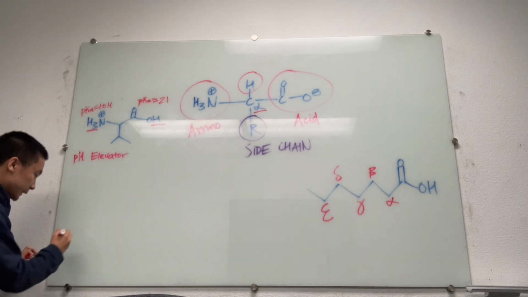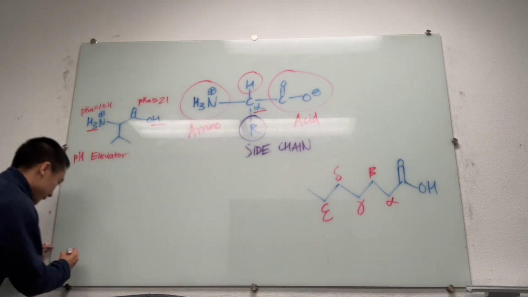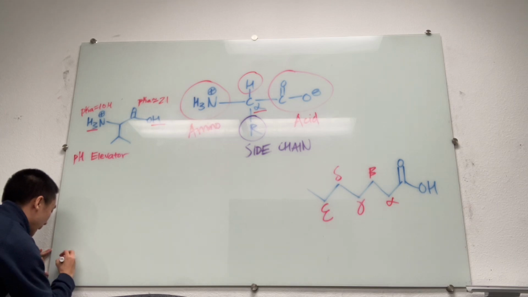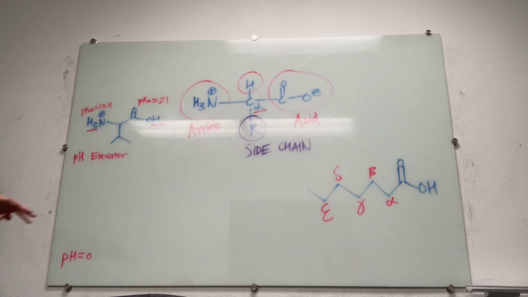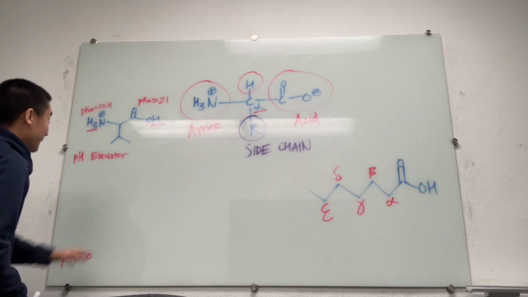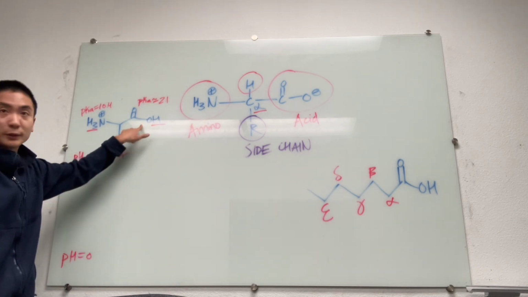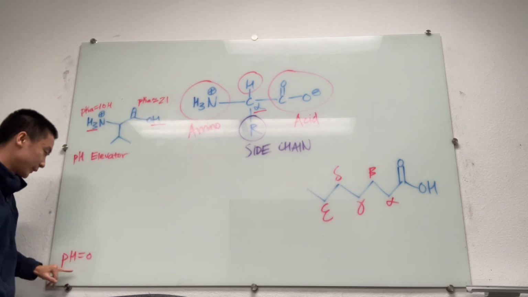The pH talks about the environment, the surrounding solution. If I have a pH of 0, the surrounding solution is very acidic. There are a lot of proton sources around, which means this carboxylic acid cannot do its job as an acid, because its pKa is higher than the pH of the environment.